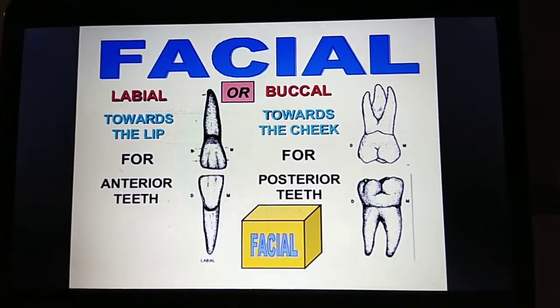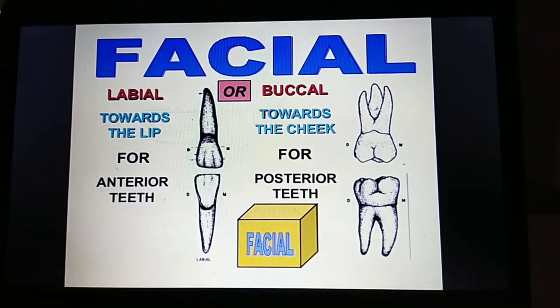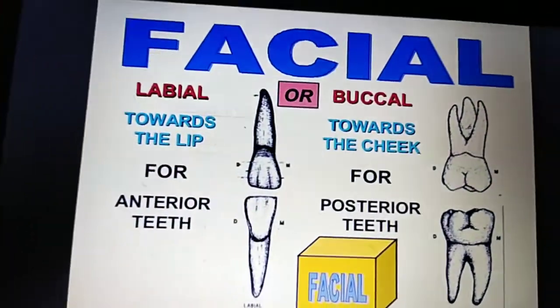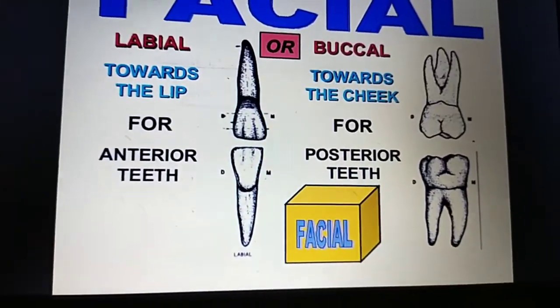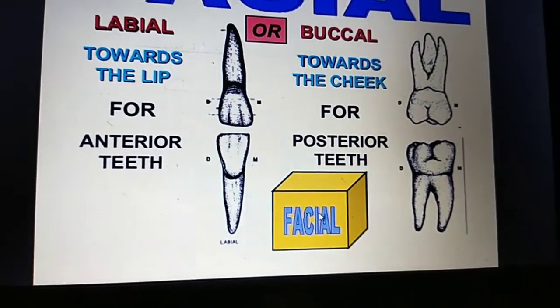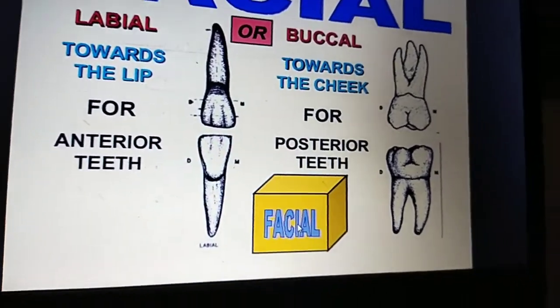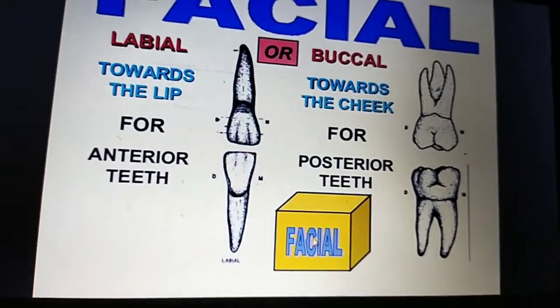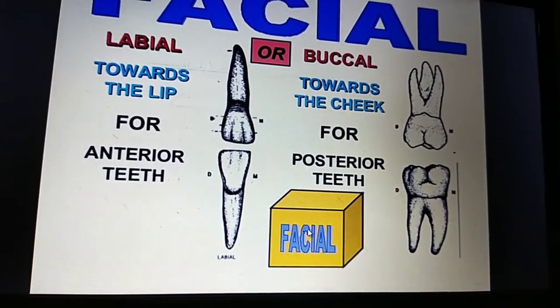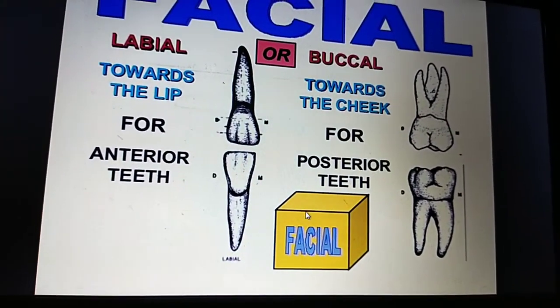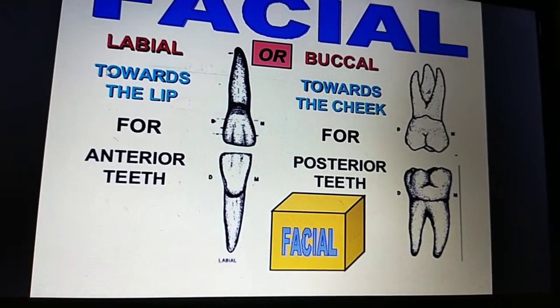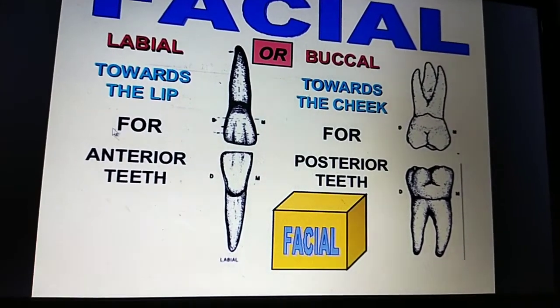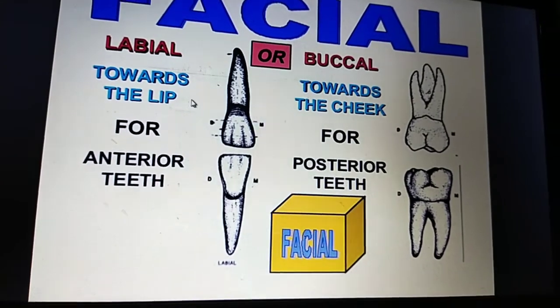Now there are some surfaces, first the facial surface, which is towards the face or anterior. You can see here this is the facial. The facial surface has two types, labial and buccal. Labial means towards the lip, for the anterior teeth, the incisors and canines.